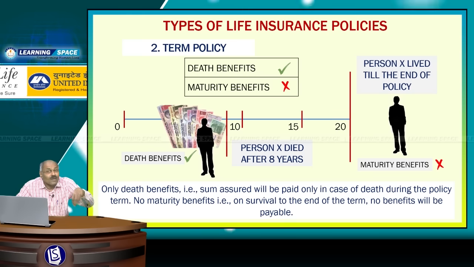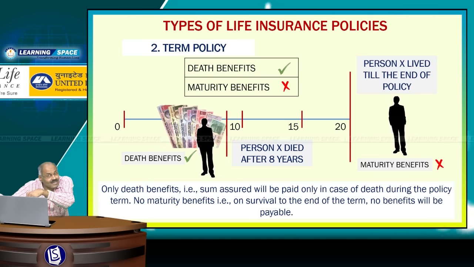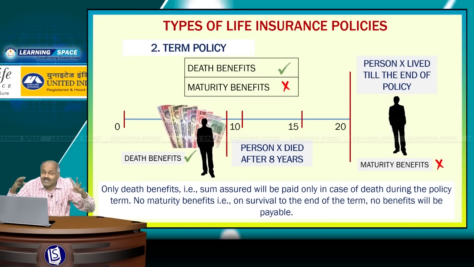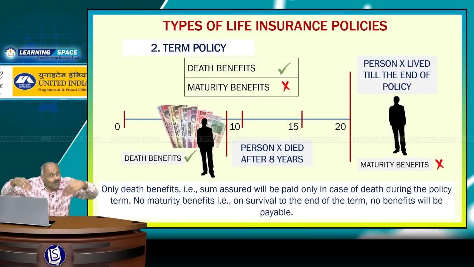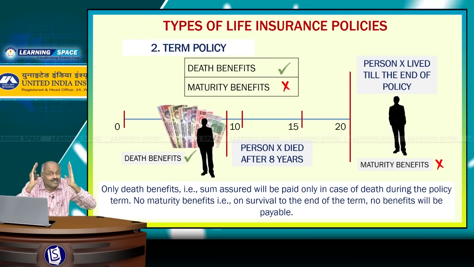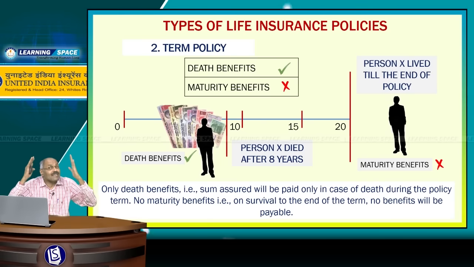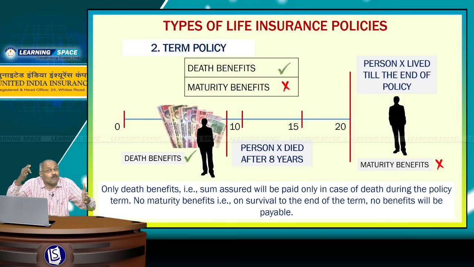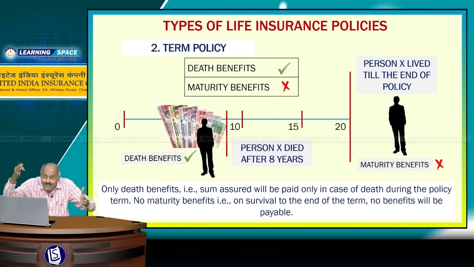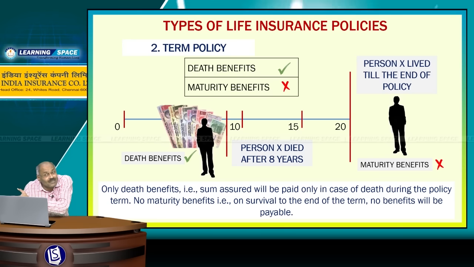And if the person lives beyond the term of the policy, there are no maturity benefits. So, the term policy will cover only the death benefit, no investment portion. Only death benefits will be there if the person dies before the end of the policy term, and no maturity benefits.